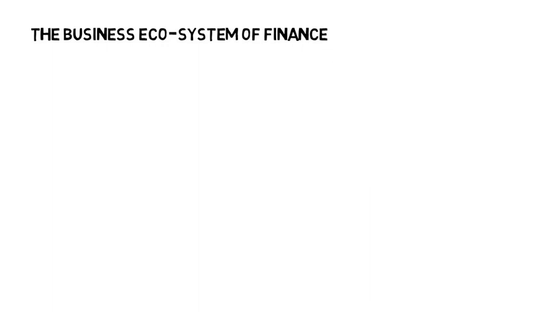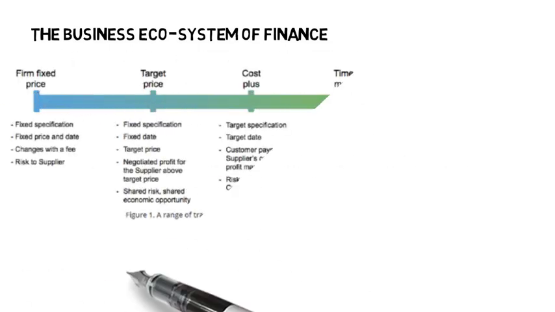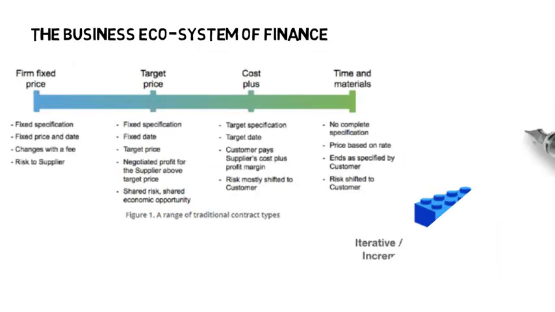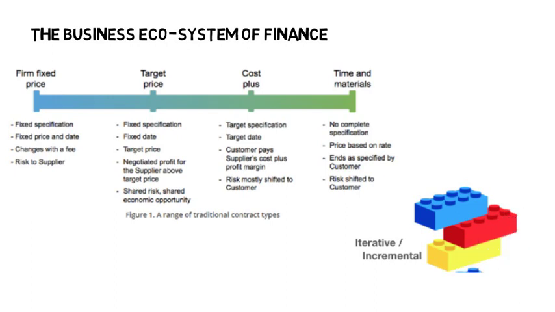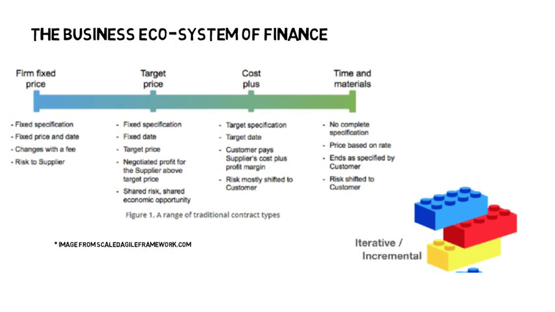Now, let's look at the business ecosystem of finance. This came up in a previous Auspicious Agile video blog. These are different types of contracts that we can have. We have fixed term, fixed price. These are not a good option for an Agile financing contract. Time and materials is also not very good because it basically puts the vendor and the customer at cross purposes.